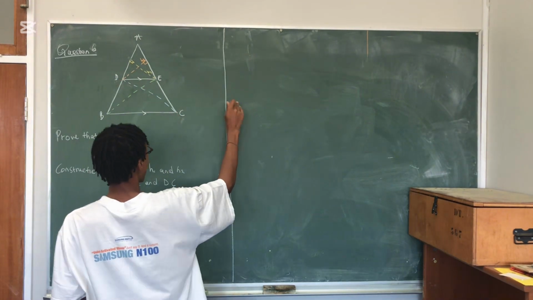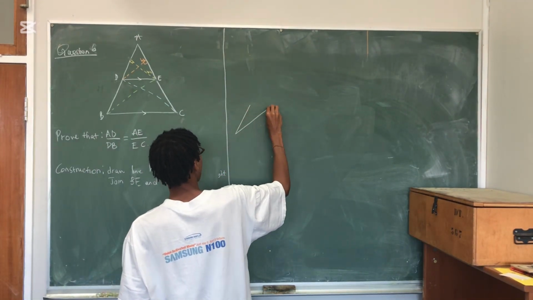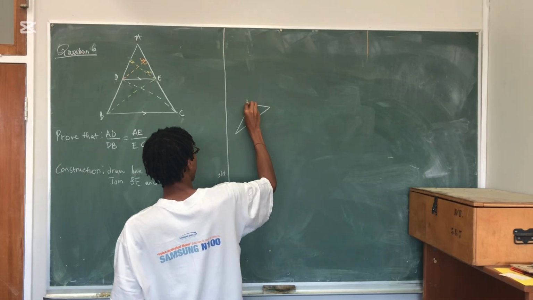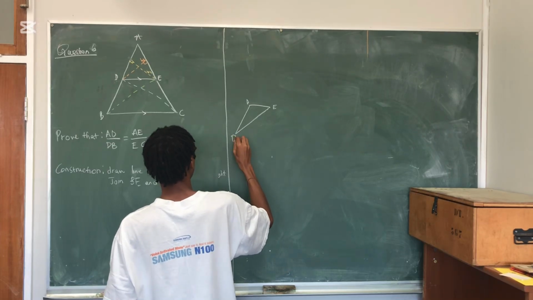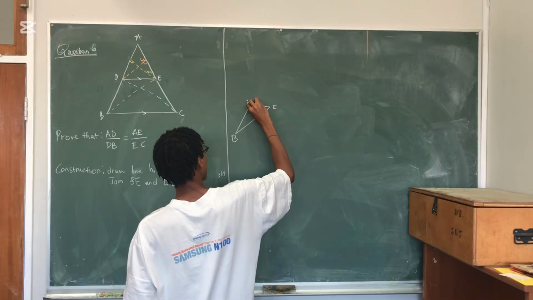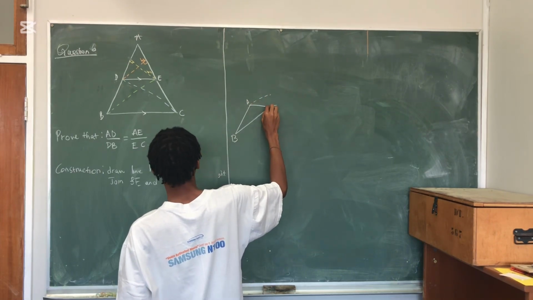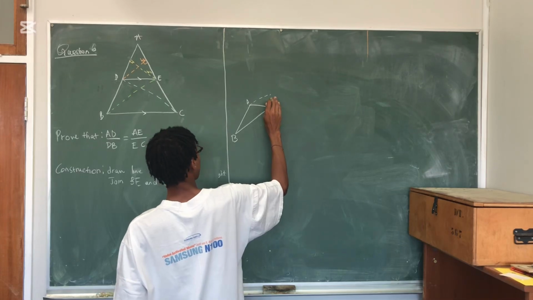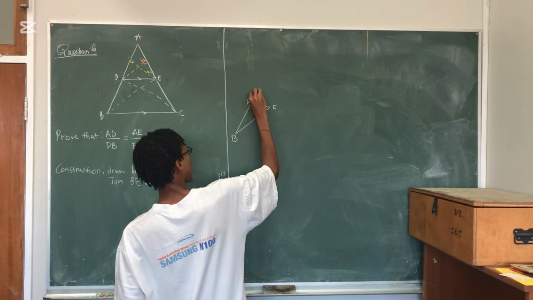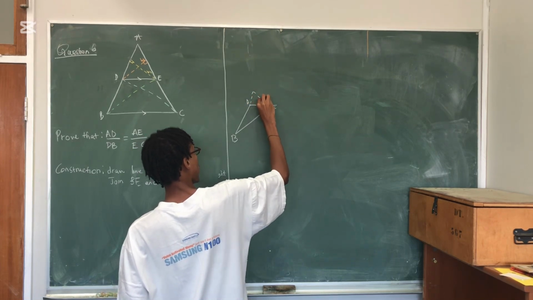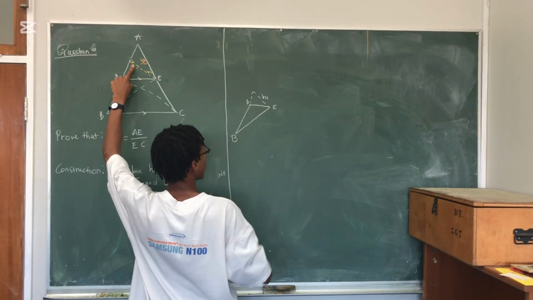So if we draw them outside, for triangle D, E, B, its height is going to be H1.